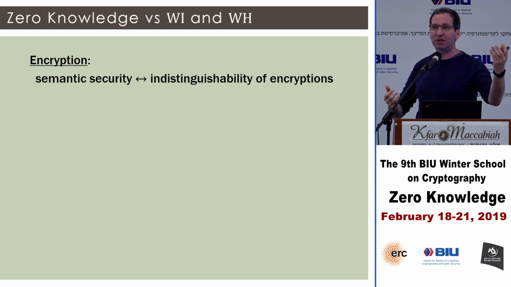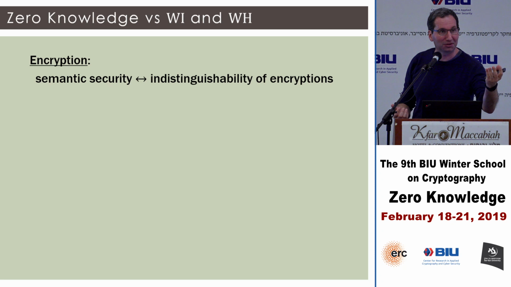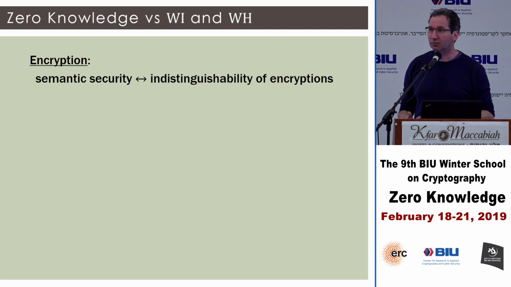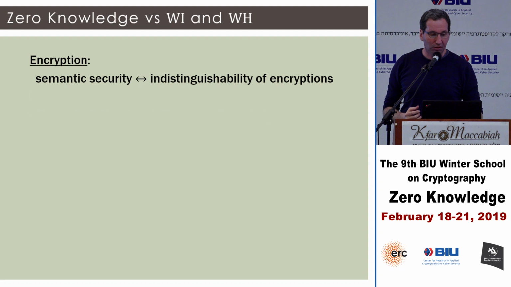And the other one is semantic security, which has a simulation flavor. It says whatever function of the plaintext I could compute from the ciphertext, I could have computed without the ciphertext. There's actually a simulator there in the definition.